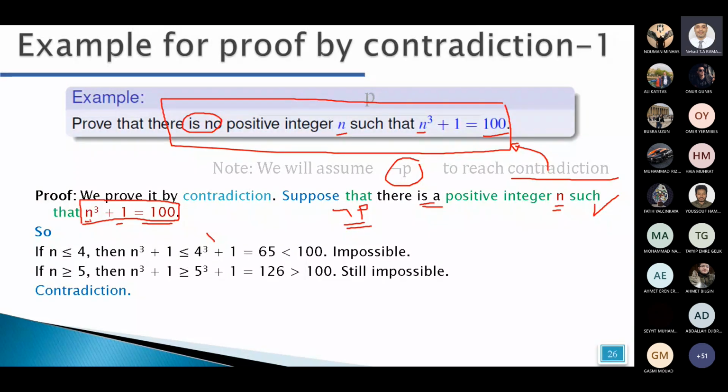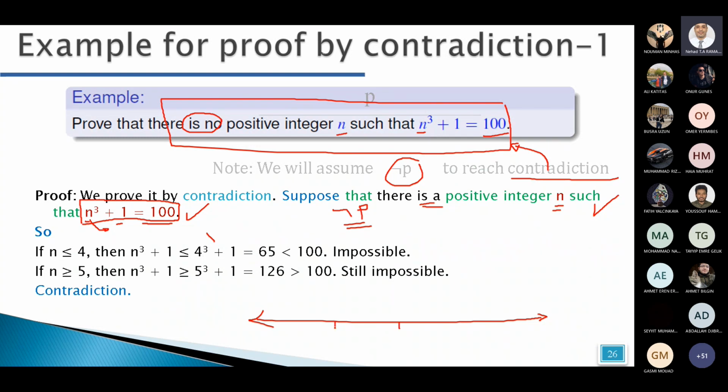To prove this, we need all the values of n. All values of n must be applied here. So which values? We cannot take the values 1, 2, 3, 4, all the values one by one, but we can take them as intervals from the number line.